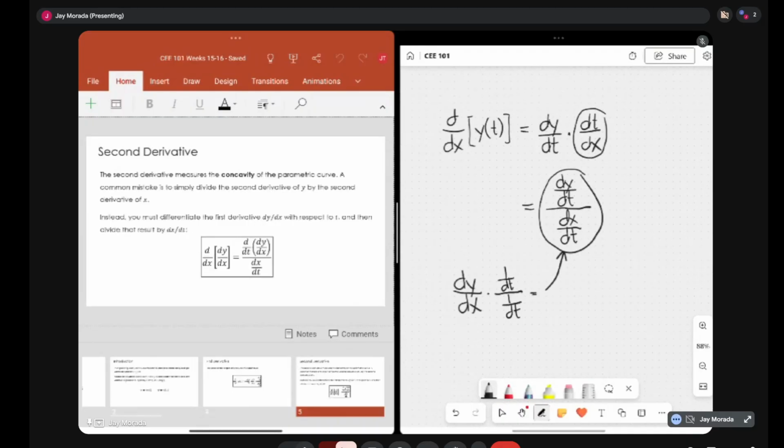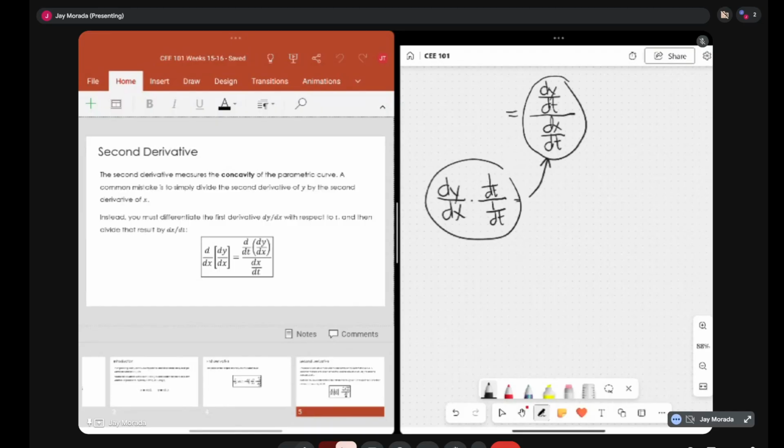Next, what about the second derivative? So you have to apply this same concept here. So instead of dy dx, you have the derivative with respect to x of dy over dx.